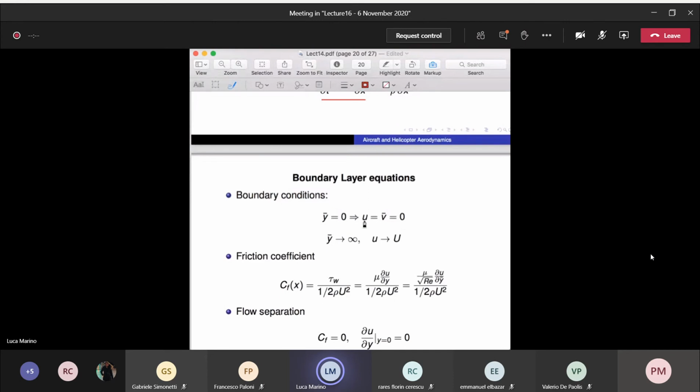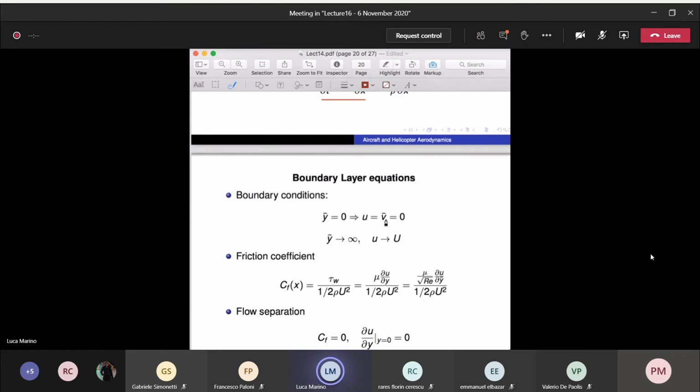Instead, for the X component of the velocity, the component U, I can give another boundary condition: for Y going to infinity, we connect to the external solution. So we have U that goes to the external value of U, so the Euler solution.